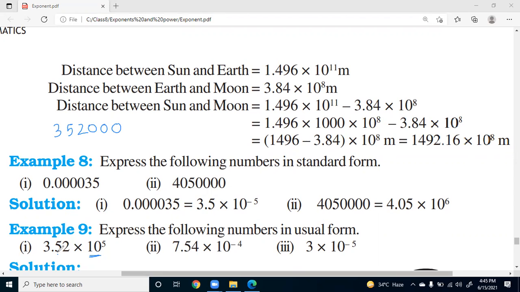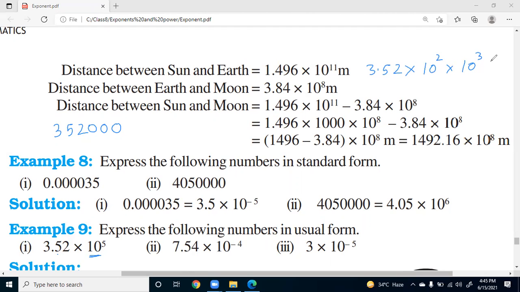How to do this question? How many digits are there? If I multiply 3.52 by 10 raised to the power 2 into 10 raised to the power 3, can I write it like this? What do you say? 10 raised to the power 5, I can write it like 10 raised to the power 2 into 10 raised to the power 3.